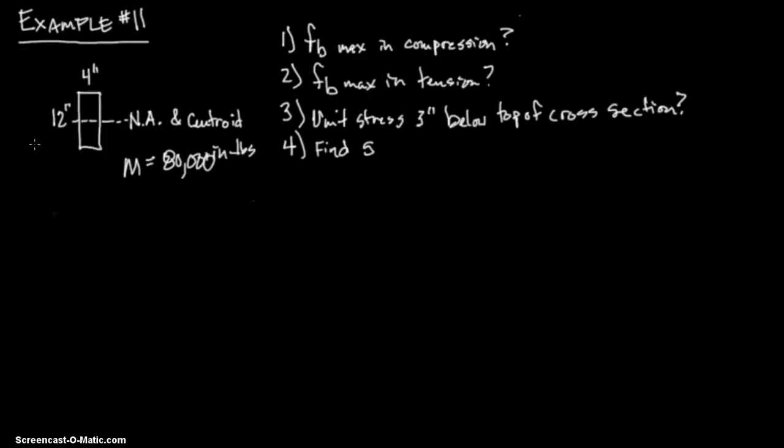Alright, so we're going to go ahead and solve this problem. The first thing you want to remember is your stress in bending. I always put a little b here, so I know it's bending stress.